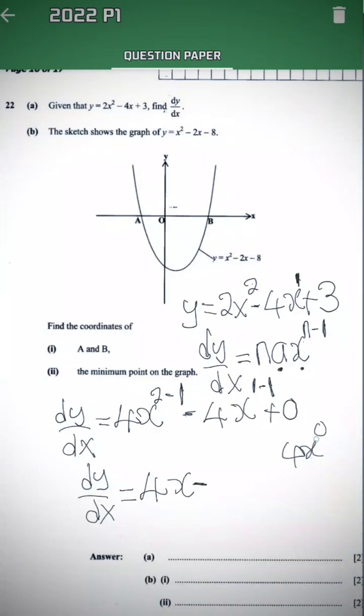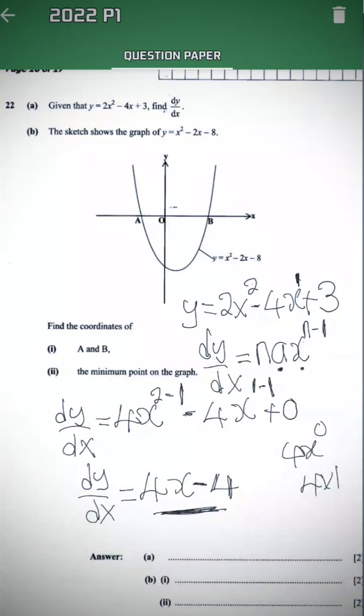You know that any number to the power 0 is equal to 1. So this is the same as 4 times 1, which is just equal to 4. So I'll say minus 4. This is my answer, which is here. This is how I need to answer that. These are procedures that you need to do and get. So we've answered that first question.